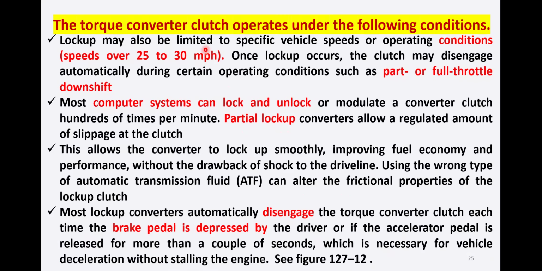Now, the torque converter clutch operates under the following conditions. Lockup may also be limited to specific vehicles, speeds or operating conditions, such as speeds over 25 to 30 miles per hour.